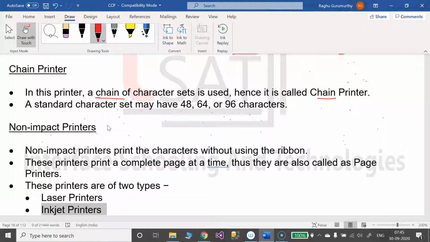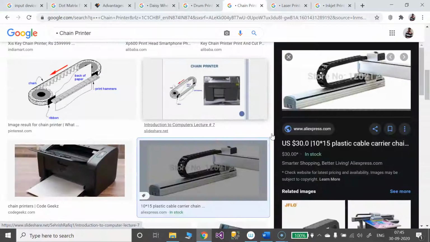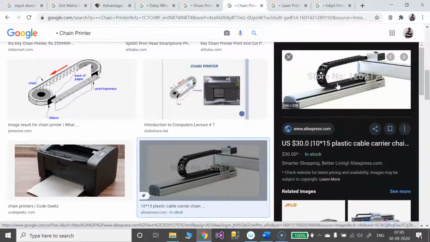A standard character set may have 48, 64 and 96 characters. This is what they are telling with respect to chain printers. So chain printers look like this. Look here, this is the chain. So by using the chain they go for printing.